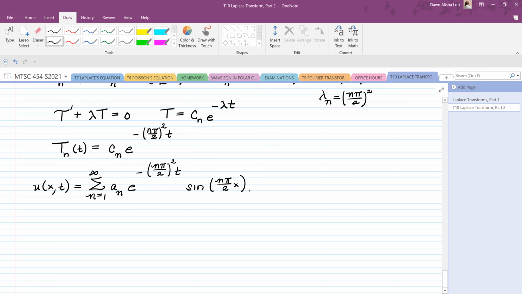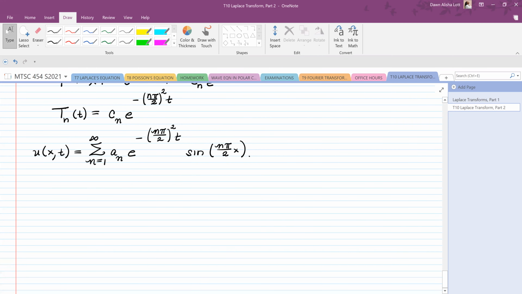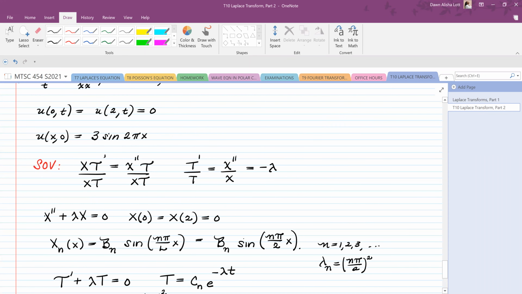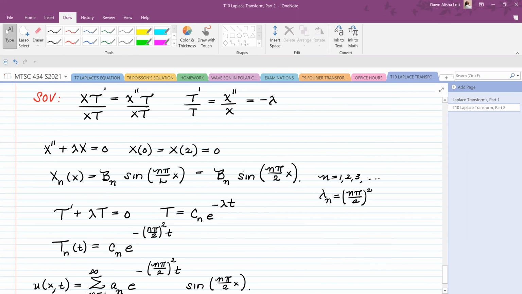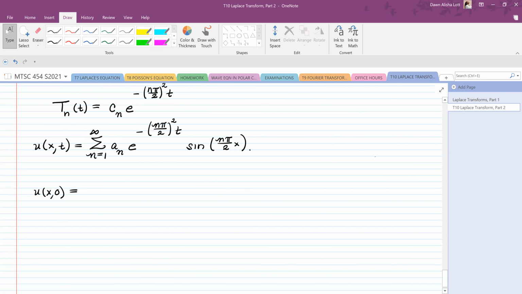Okay. So therefore, we get u of x and 0 is equal to 3 times the sine of 2 pi x, and that is equal to the sum n equals 1 to infinity of a n times the sine of n pi over 2 x.